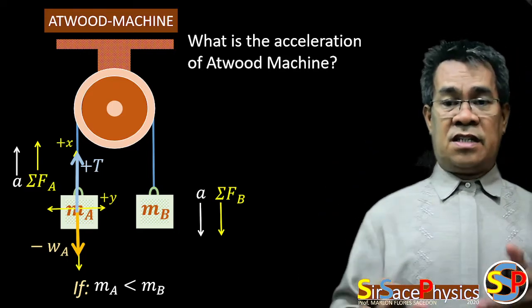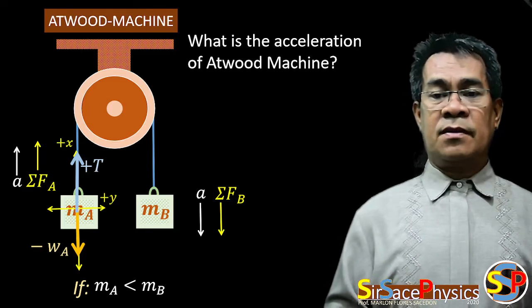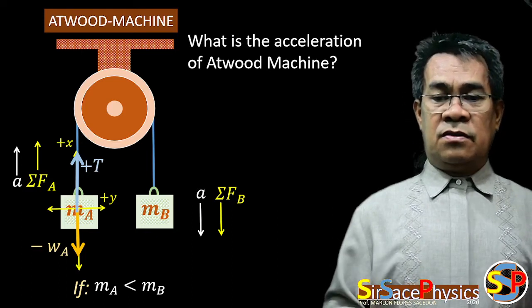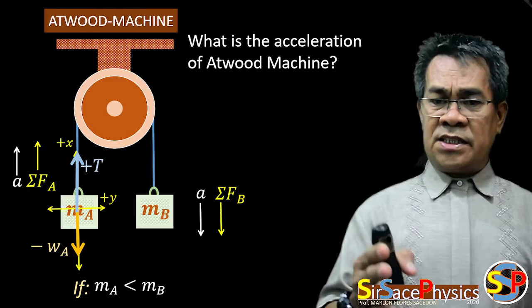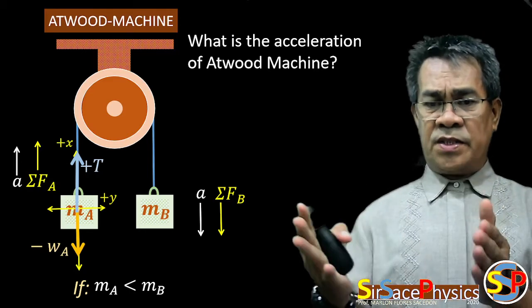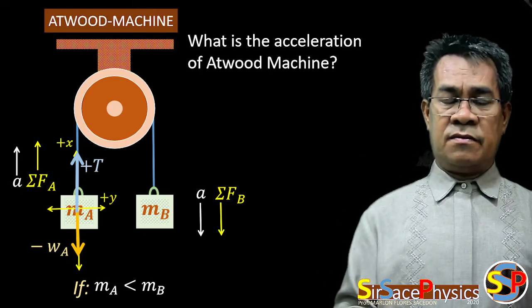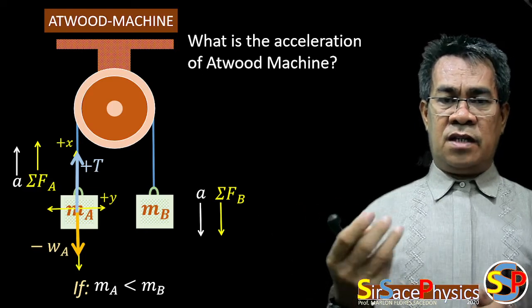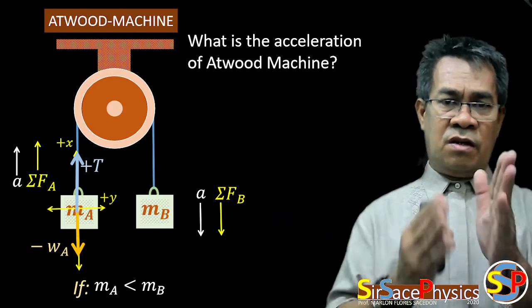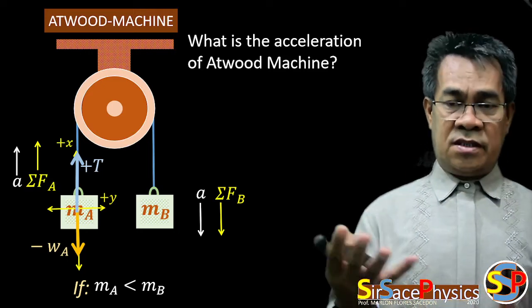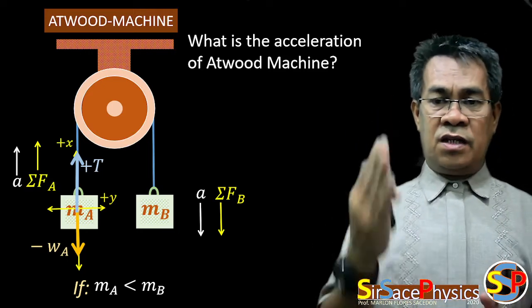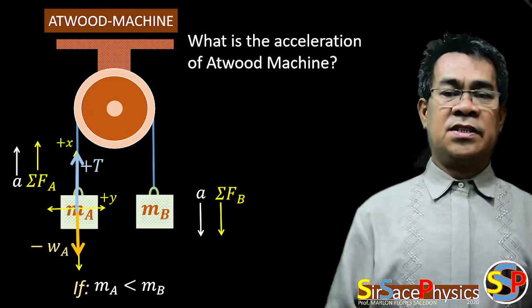Okay. So if you analyze the object clearly, there's no other force other than that. We have only two for now, the weight and the tension. Now, in case there's contact between objects, then you have to add the frictional force. But in that case, it was hung. So there were only two forces.